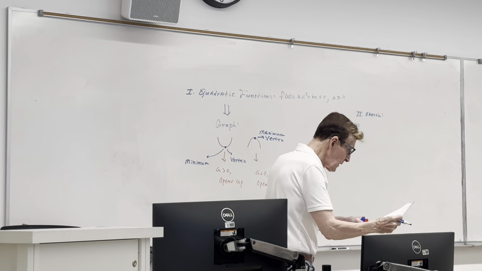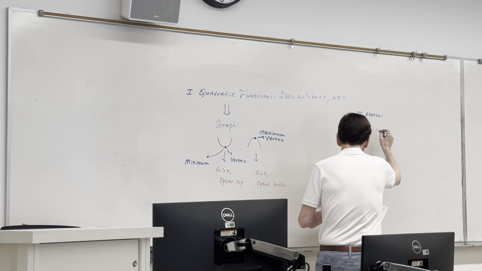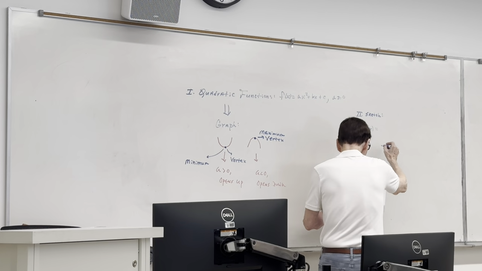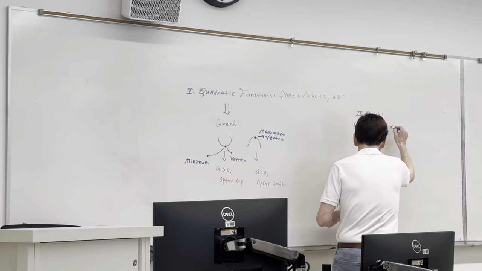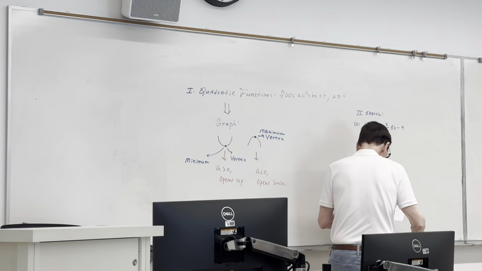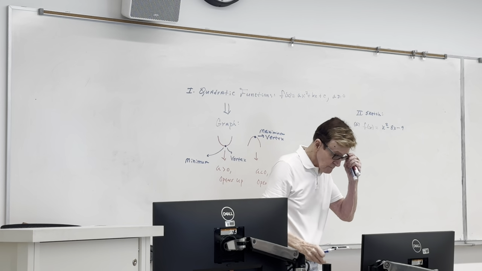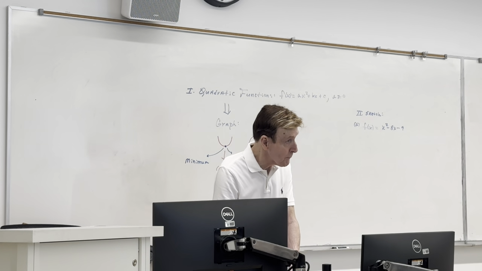As I brought one in here, here it goes. f(x) is equal to x squared subtract 8x subtract 5. I need to see its graph, which should be a parabola.